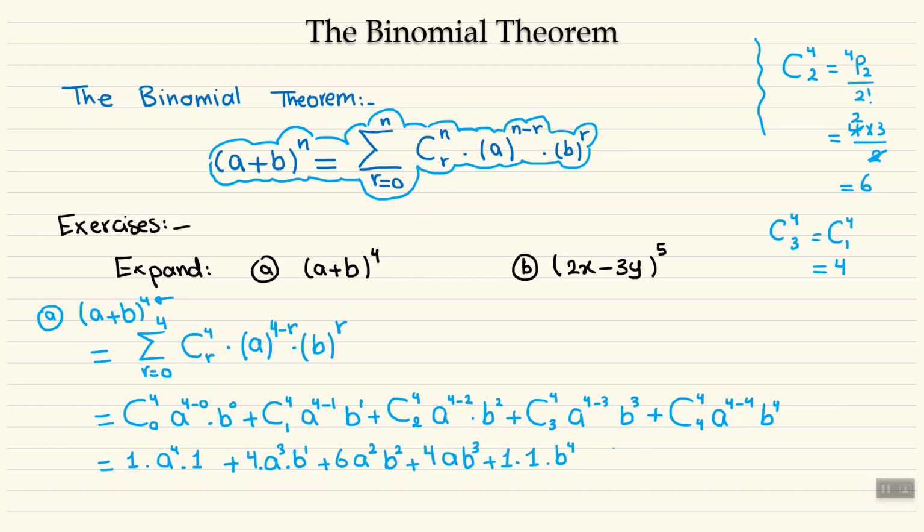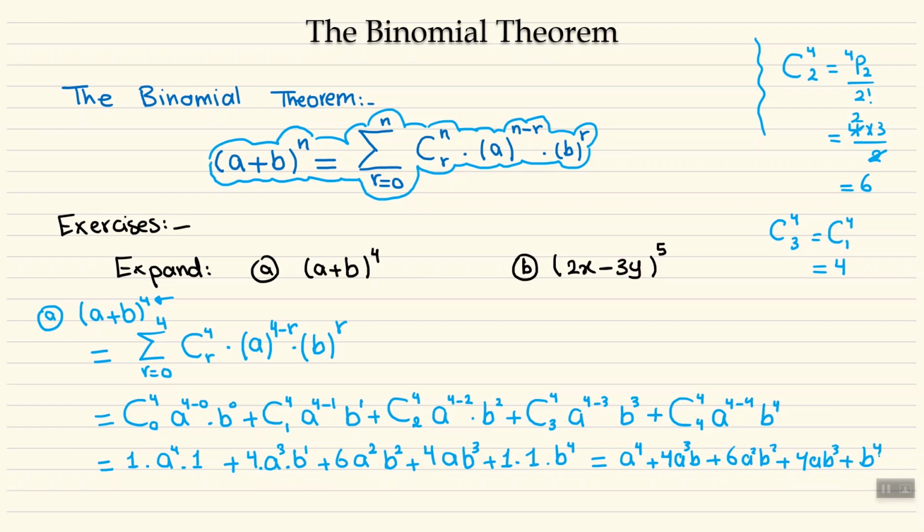So in simple words, we can say that the answer is 1 times a to the power of 4, which is a to the power of 4, plus 4a cubed b, plus 6a squared b squared, plus 4ab cubed, plus b to the power of 4.